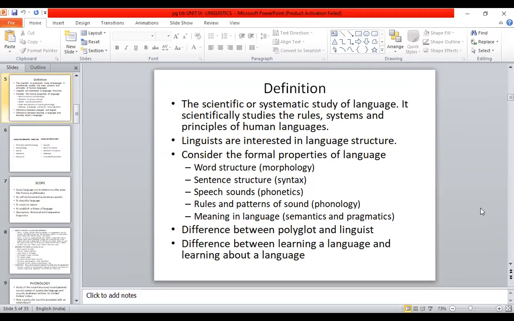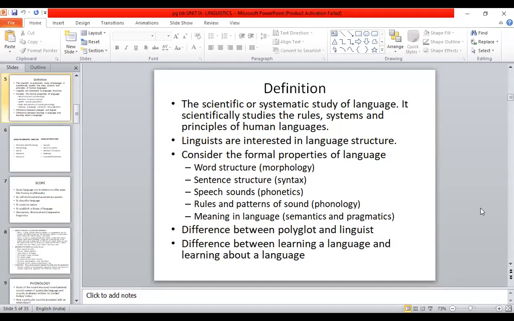All right. So now let me give you the difference between a polyglot and a linguist. A polyglot is a person who knows a lot of languages, a person who is multilingual kind of. And a linguist is a person who studies language. So this is the difference between learning a language and learning about a language.